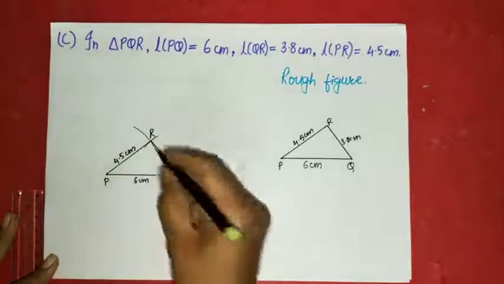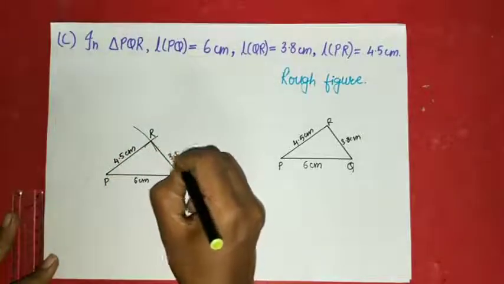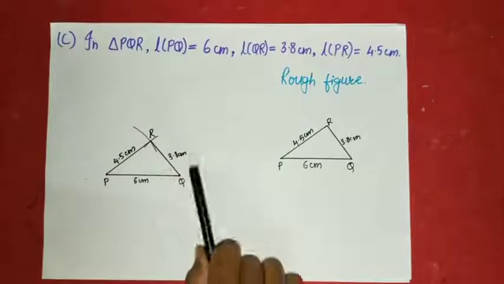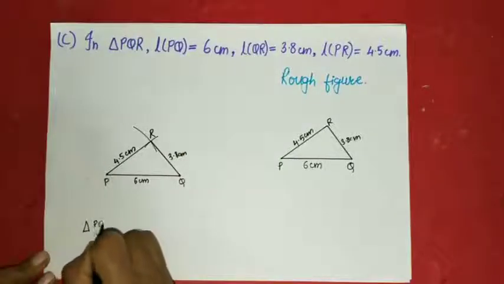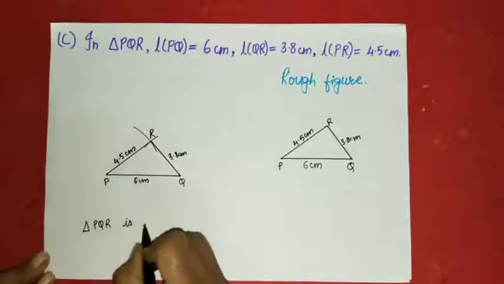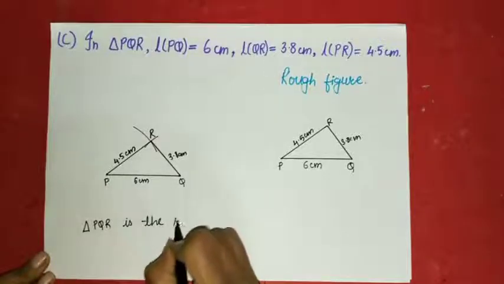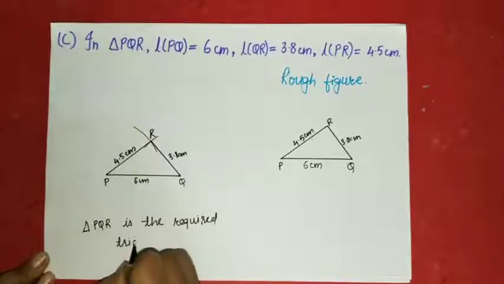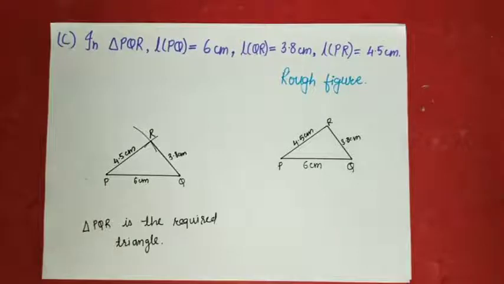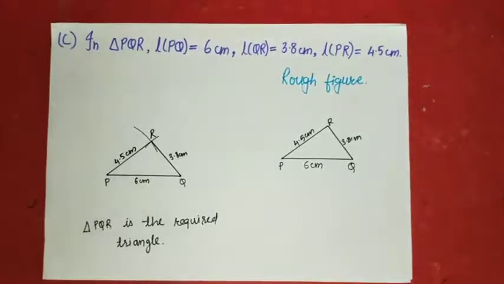So we will write it here. Length of this segment is 3.8 cm. So we will write the measure of this segment here. Now here we got the triangle PQR. So we will write triangle PQR is the required triangle. Children, you all have to do all these constructions using sharp pointed pencil.